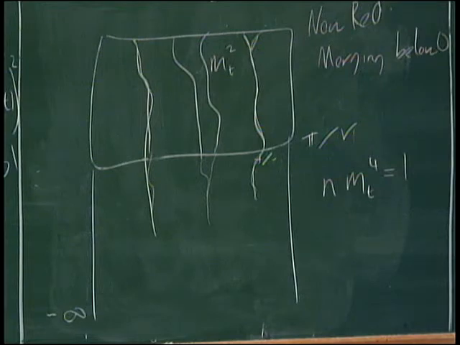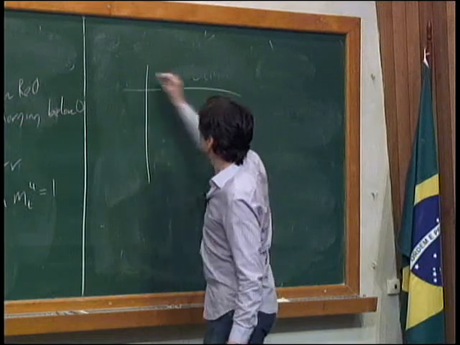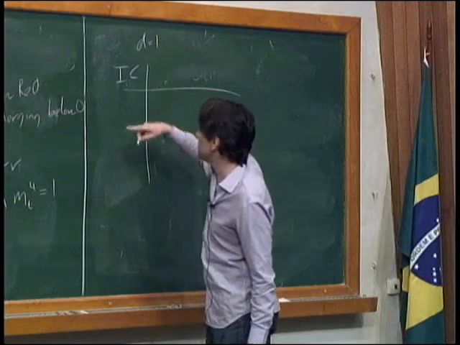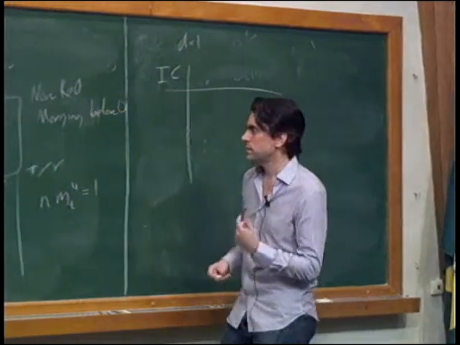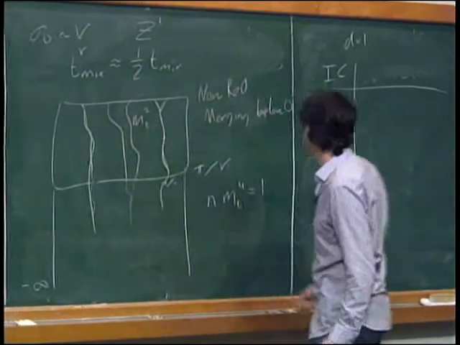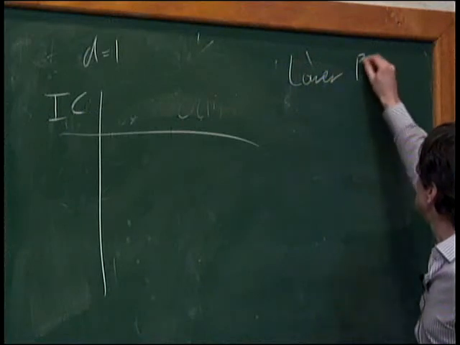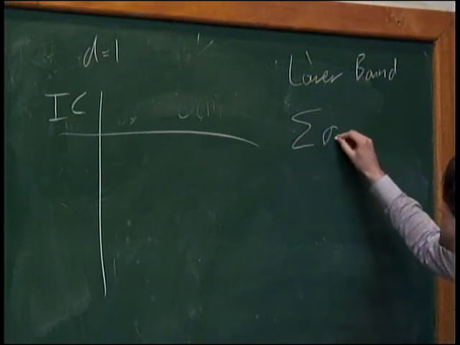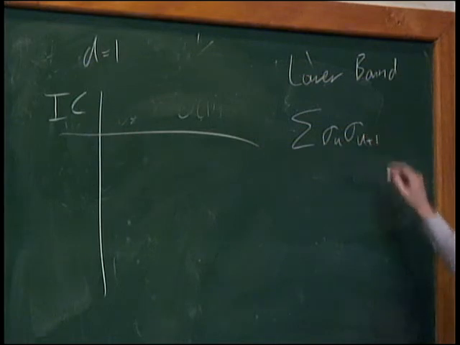I have about a minute left, so I just want to summarize for different initial configurations. This is at d equals 1. Yes, that's a good question. The lower bound you can get by looking at the value of the Hamiltonian, sigma u sigma u plus 1.